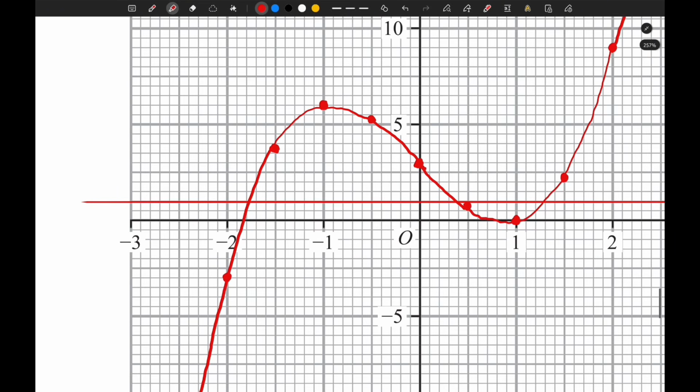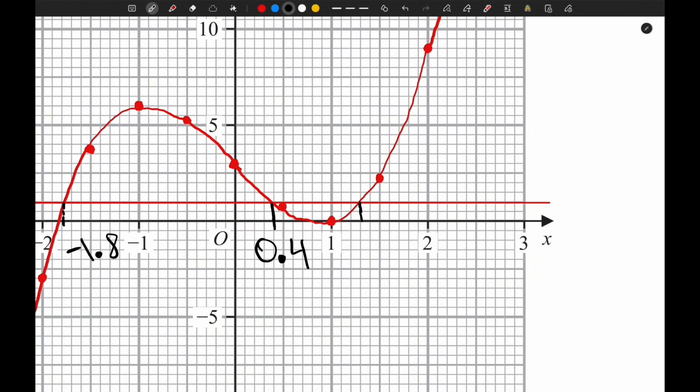So at this point, the value of x, let's assume it's minus 1.8. And at this point, the value of x is 0.4.